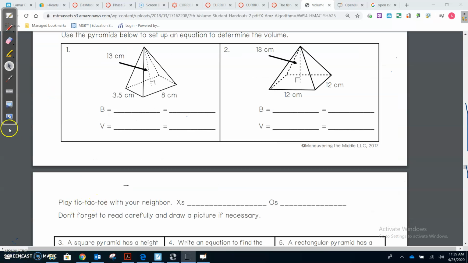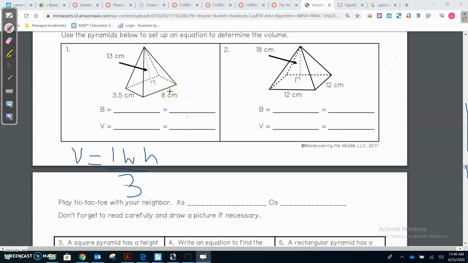Okay, so let's look at these examples of these 2 pyramids. Remember, I think we're going to get confused with the big B. So let's use volume equals length times width times height divided by 3. When we do that for number 1, our length is right here.